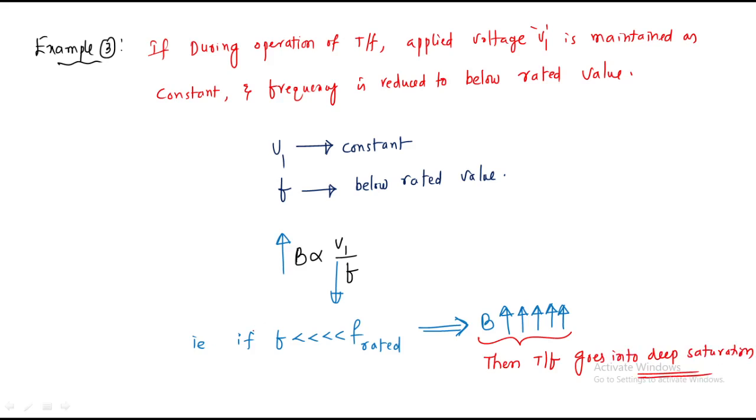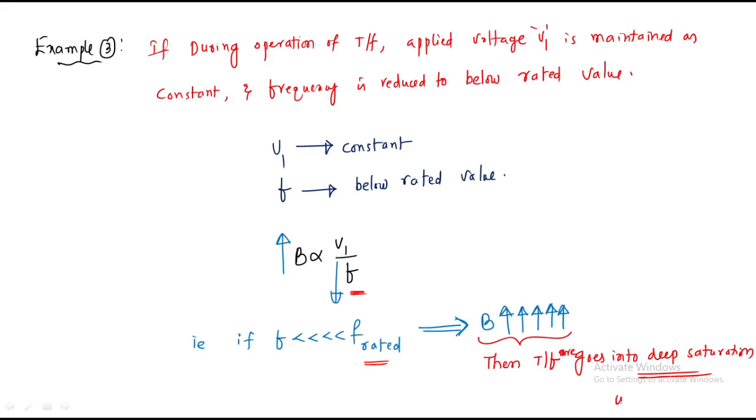By reducing the frequency below the rated value, obviously we get an increasing value of flux density. If we have a higher value of flux density, then the transformer core goes into deep saturation.